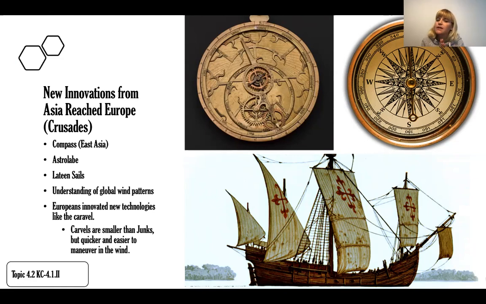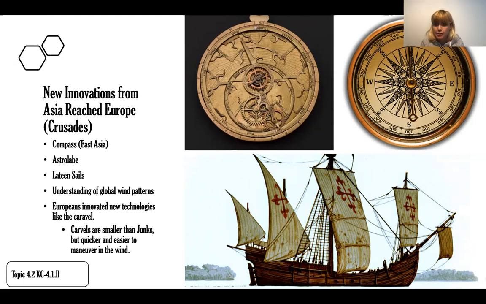What's going to happen is that Europeans are going to develop a taste for trade and for those luxury goods that come with trade. So Europeans are really going to want to find ways to engage in this trade. What's also going to come with the Crusades and the influence of these Europeans who've gone to the Middle East and come back is that you're going to see some new innovations.